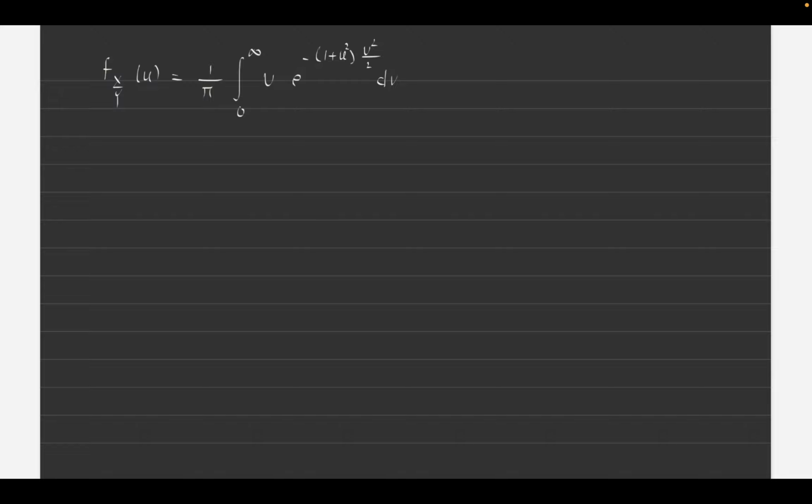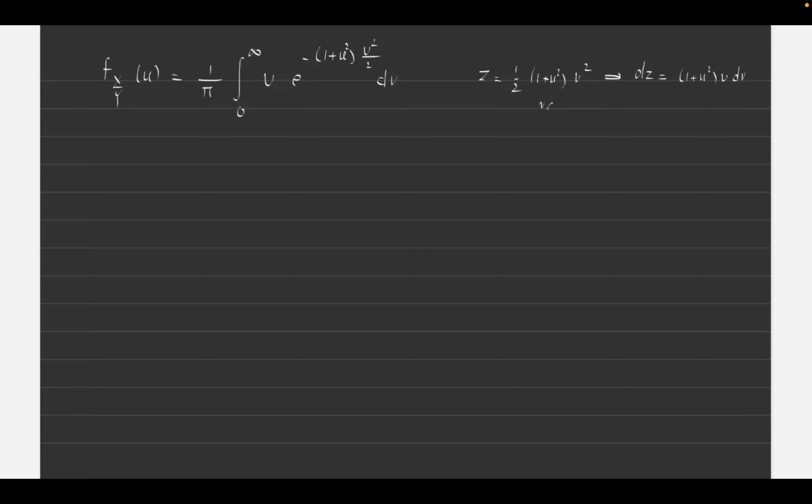Okay, but hopefully you can recognize that this is the same integral I calculated in the first method at the very last part. But how should I calculate it very fast? I would write z to be 1 over 2, 1 plus u squared, v squared, introducing a new variable, and then I calculate dz, which becomes 1 plus u squared, v dv.